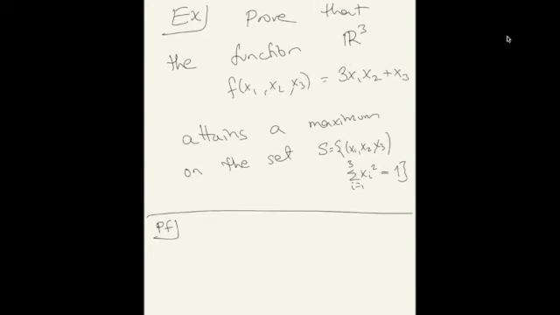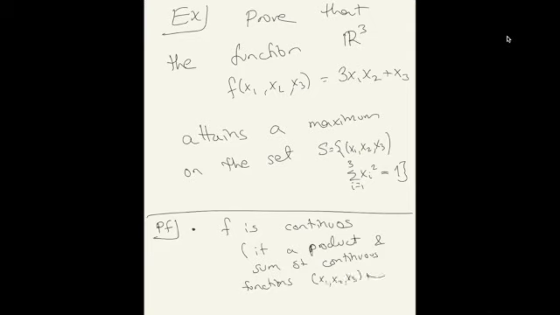So there are 3 things that we need to check. So one thing is that F is continuous. And it is a product and sum of continuous functions. In lecture, we showed this by looking at projection maps.